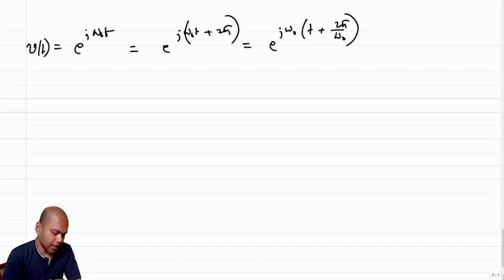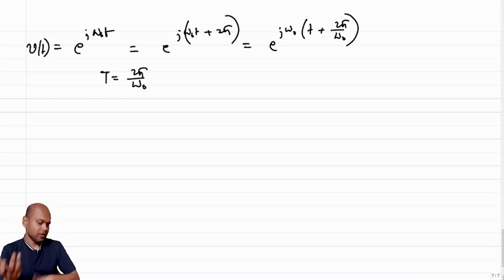Which means a T exists, T equal to 2 pi by omega naught, where the signal repeats itself, which means it is periodic. So the periodicity is T, which is 2 pi over omega naught.